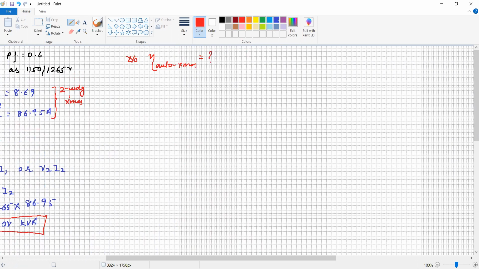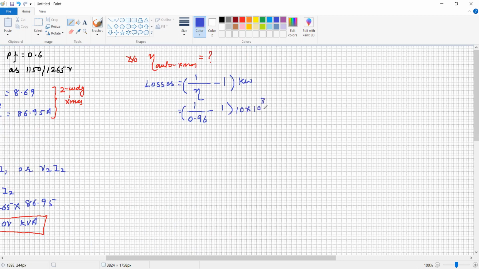Next parameter is asked. So losses is equal to 1 upon efficiency minus 1 into kilowatt of transformer. So 1 upon efficiency, what is the efficiency given? 0.96 minus 1.